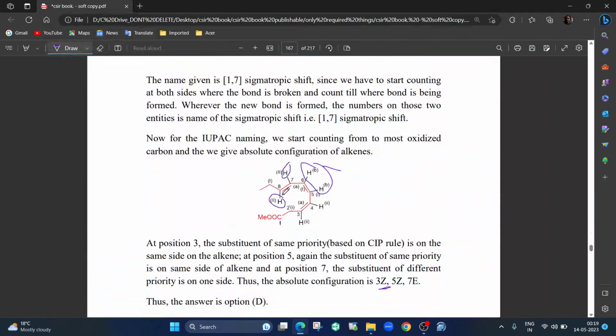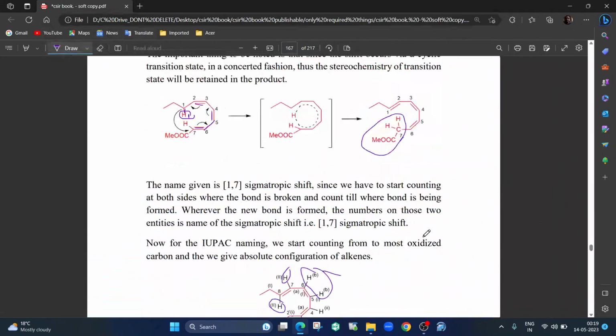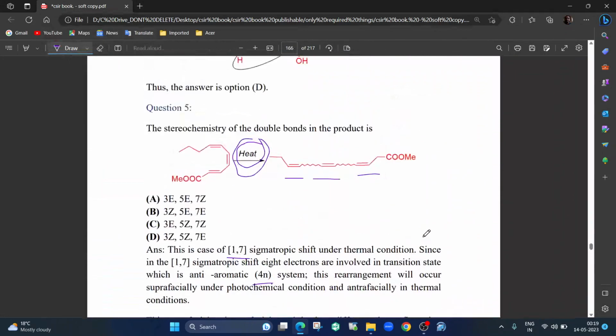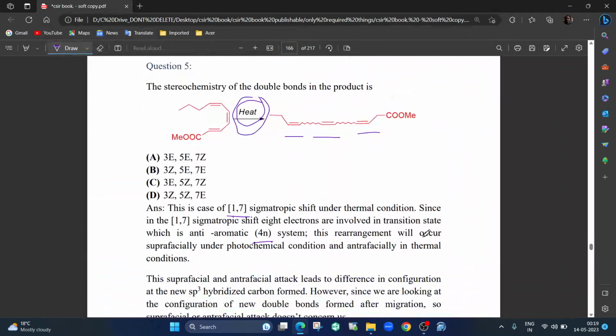The lower priority groups are away from each other, and carbon gets first priority, this carbon gets first priority. Again you can see they are on the opposite side, so it will be E. E means across. So the absolute configuration is 3Z, 5Z, 7E. Answer is option D. So whatever I have written, I'll go very slowly, you can read through it.